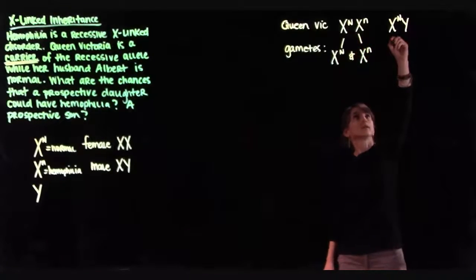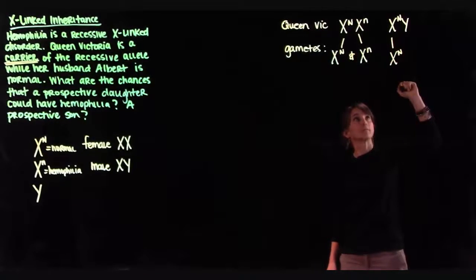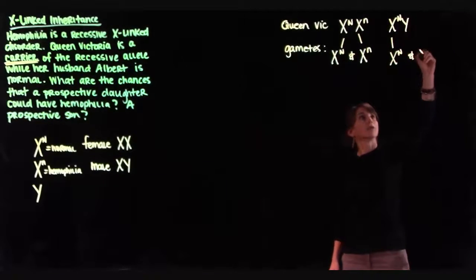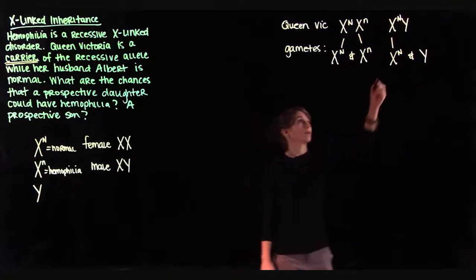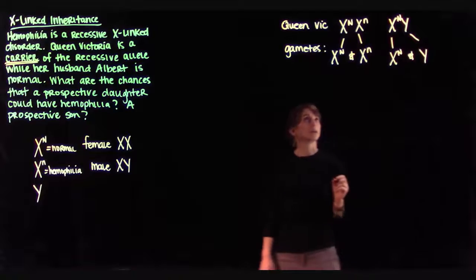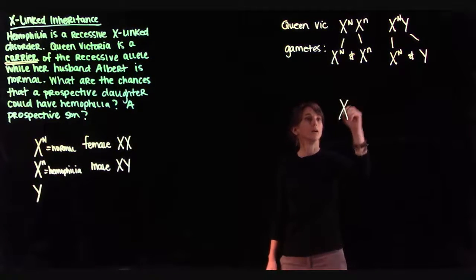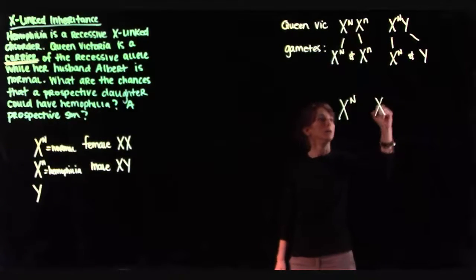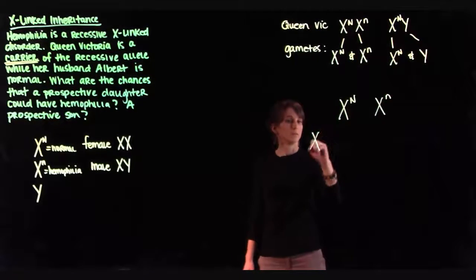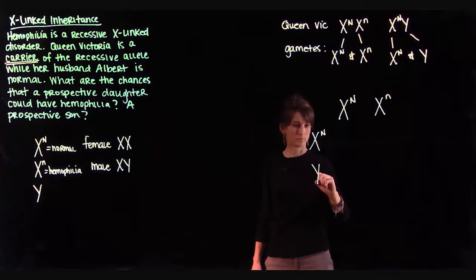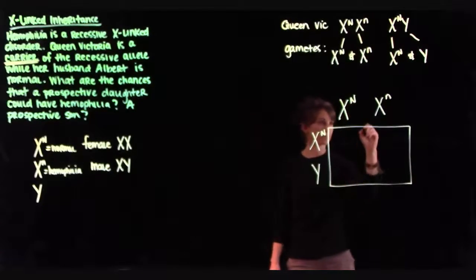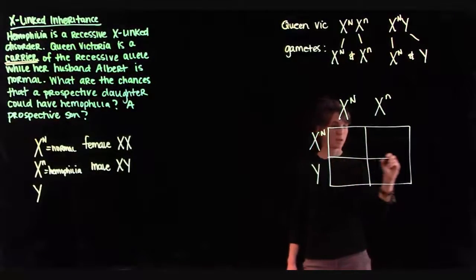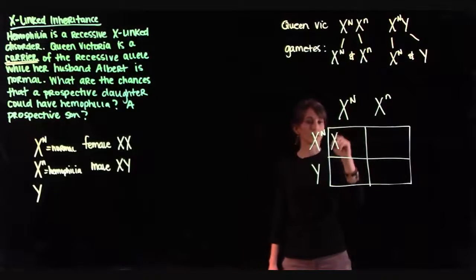For Albert, half of the sperm that he produces will carry X with a big N, and the other half will carry his Y chromosome. Now we can put our gametes on a Punnett square and find out what the genotypes of their possible offspring could be.